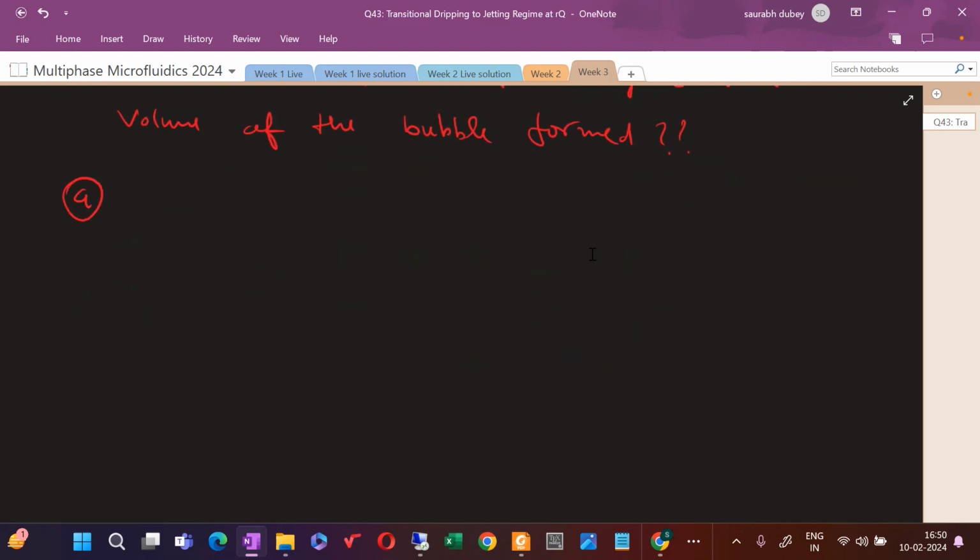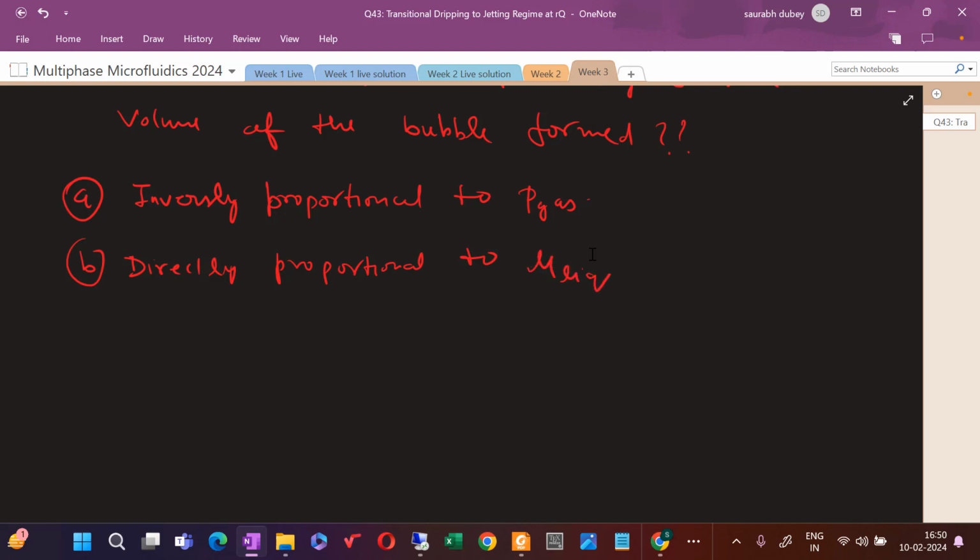Option A is inversely proportional to the gas, inversely proportional to, directly proportional to the viscosity of the liquid.